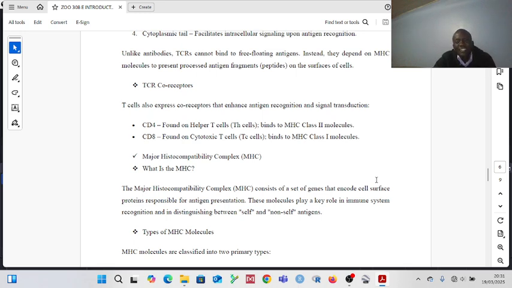If the antigens are from a cell of the body, then the immune system will recognize it as self. But if within that cell there was a pathogen, then the antigens will be from the pathogen. Then the immune system will recognize those antigens as non-self.